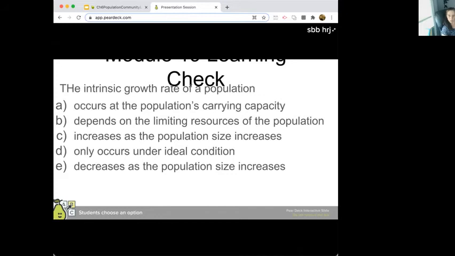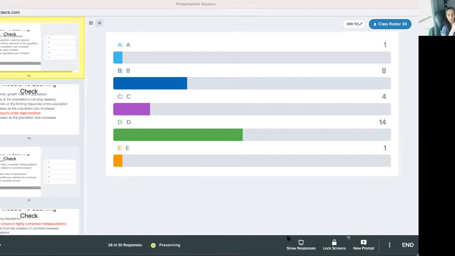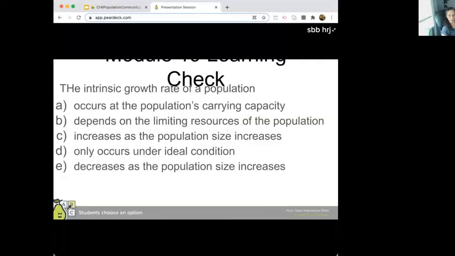Okay, I'm going to look at this now and reassess. Good. So intrinsic means if you had no other limiting factors, if you were actually able to look at your potential growth rate under ideal conditions, that's intrinsic growth rate.